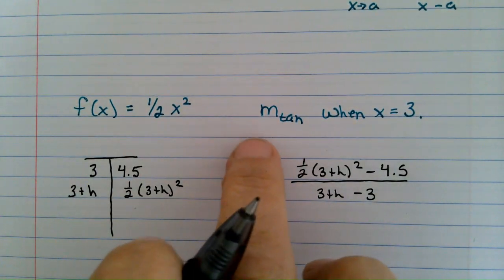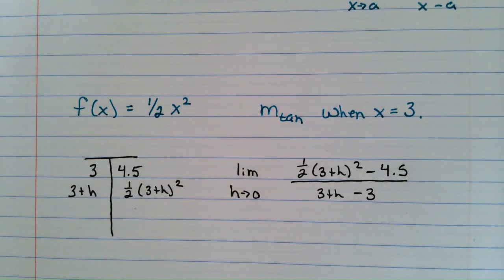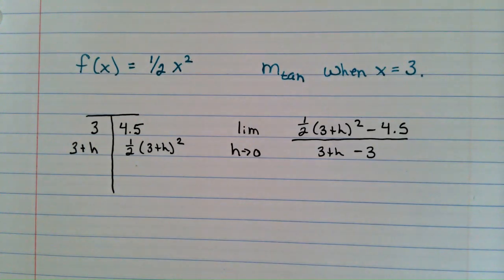And because we want the slope of the tangent line, we have to do that limit. We want to go from 2 points to 1 point. And the only way to go from 2 points to approximately 1 point is to make them on top of each other.